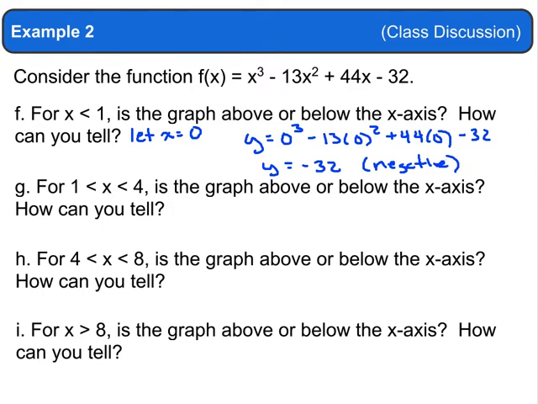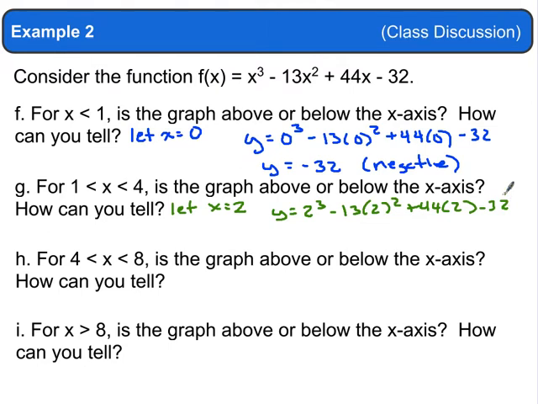Let's say we choose something between 1 and 4. Let's say we choose 2. Let x equal 2. So then we have y equals 2 to the third power minus 13 times 2 squared plus 44 times 2, and then minus 32. I'd recommend you just grab a calculator for that, and I'm going to do the same thing.